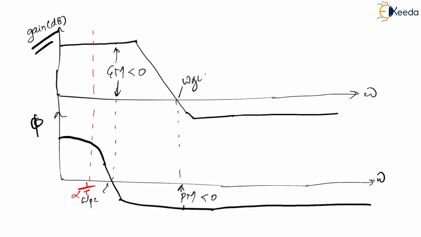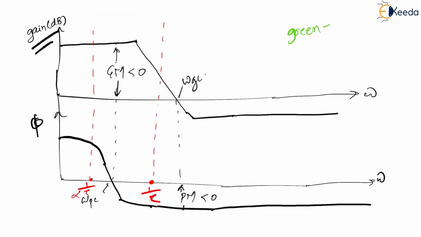So let me call this frequency 1 by alpha tau, and this frequency equal to 1 by tau. Correct? Yes. I want to introduce it in between these. Okay, green plot.